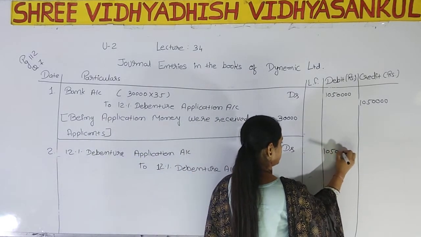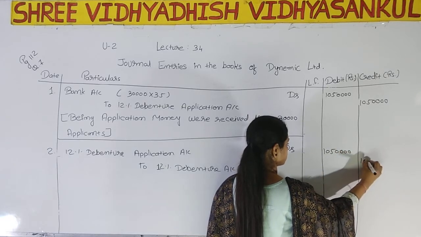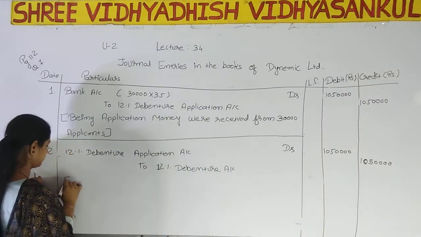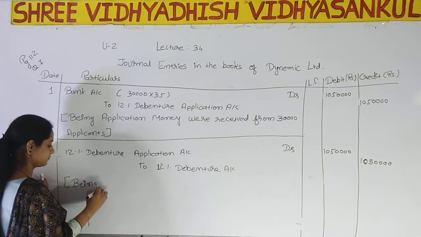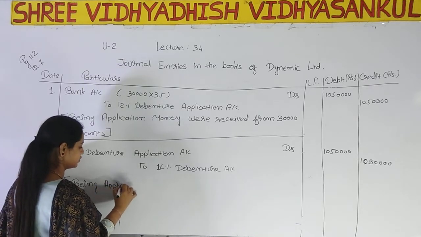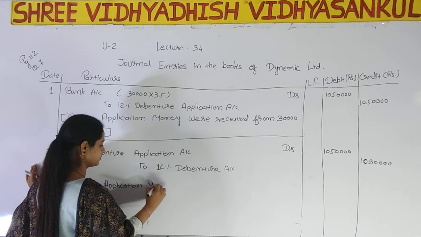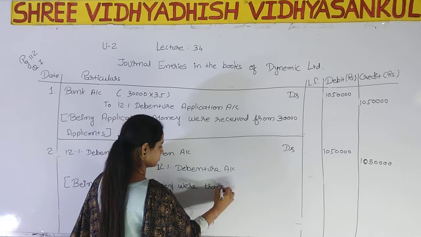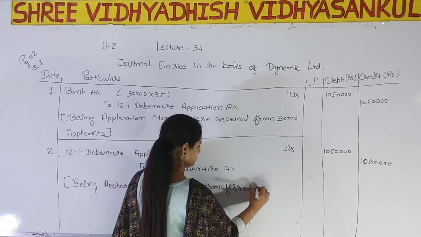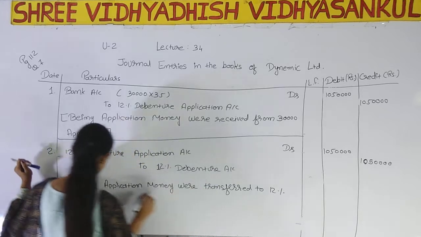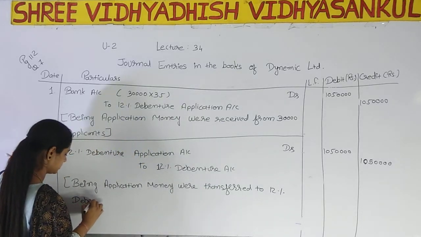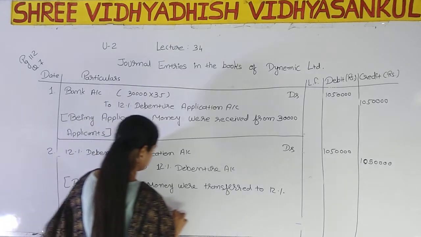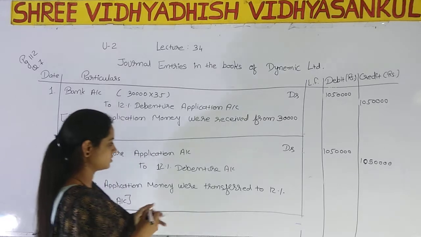That is 10,50,000, 10,50,000. Right? Into bracket we have to write being application money got transferred to 12% debenture account. Bracket over until now. Right? Write it down.